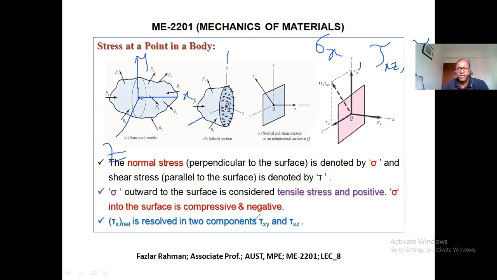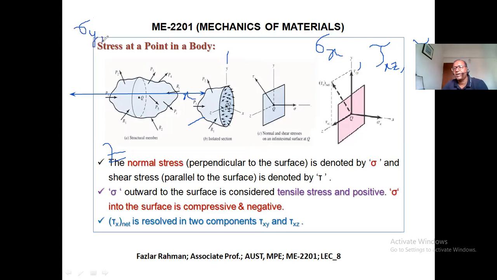Similarly, if you cut this body along this direction, then what will the sigma be? You see, sigma will be along this direction, perpendicular to the surface. Then the normal stress will be sigma y.